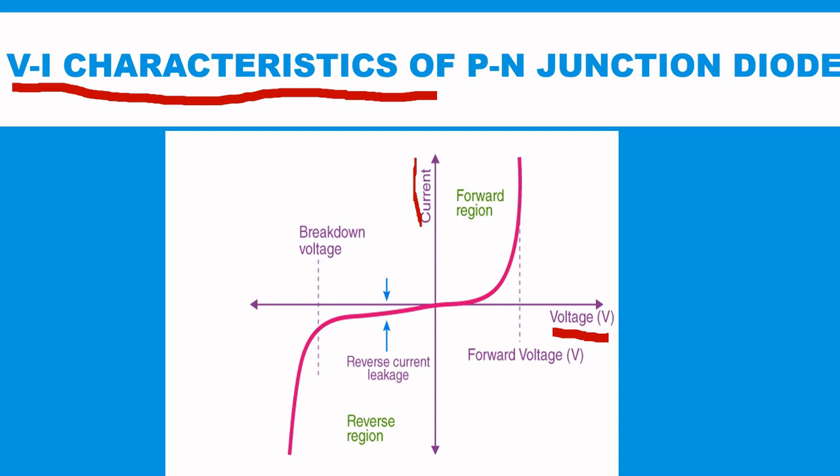And when the diode is arranged in this manner, there is a reduction of potential barrier. For silicon, it is 0.7 volt. For germanium, it is 0.3 volt. The potential barrier decreases and there is a flow of current.